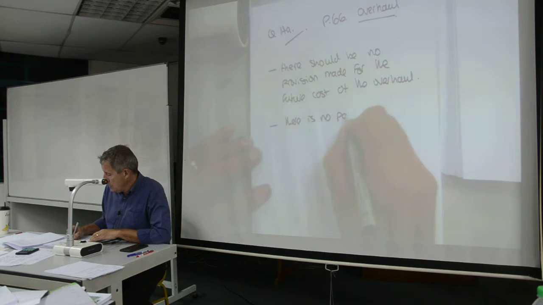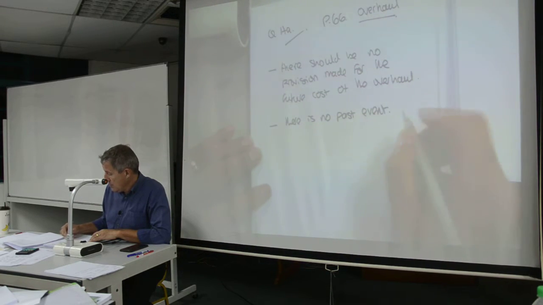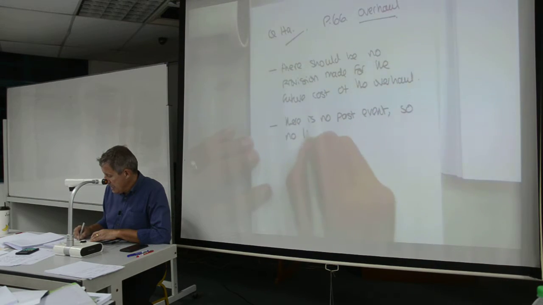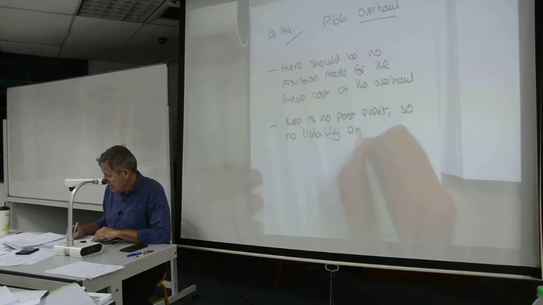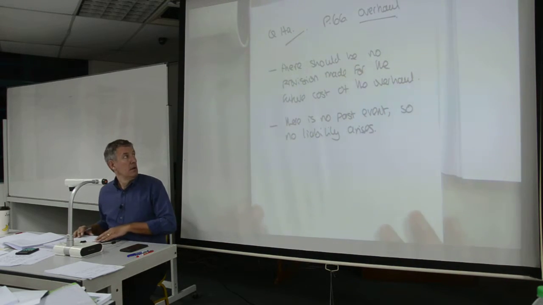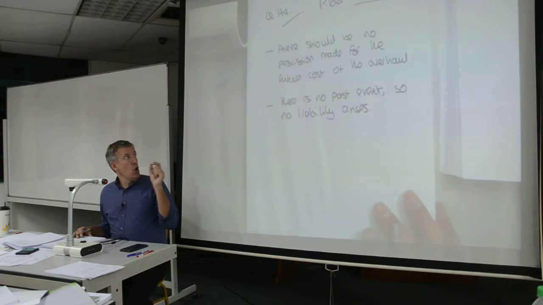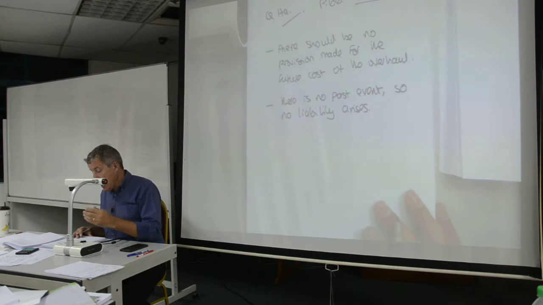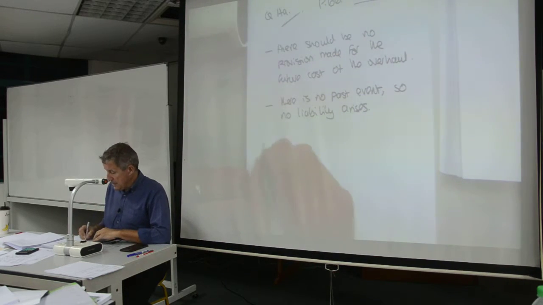There is no past event, so no liability arises. So there should be no provision made for the cost, for the future cost of the overhaul. There is no past event, so no liability arises.